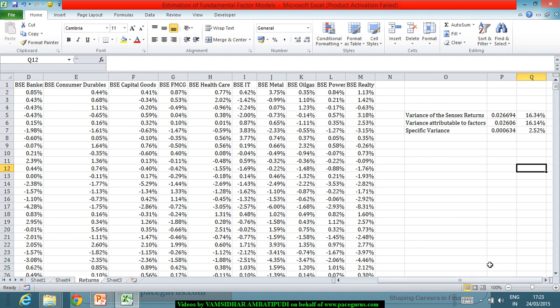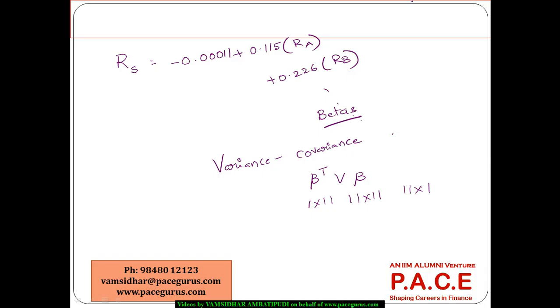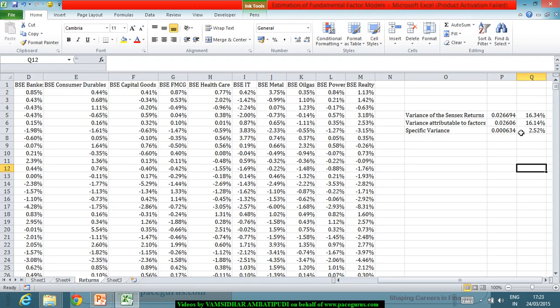So basically all we are saying is the variance of the Sensex which is attributable to the risk factors, I'm computing it using this, and based on this I'm getting the systematic risk. The square root of it is the systematic risk, and the remaining part is the specific risk.